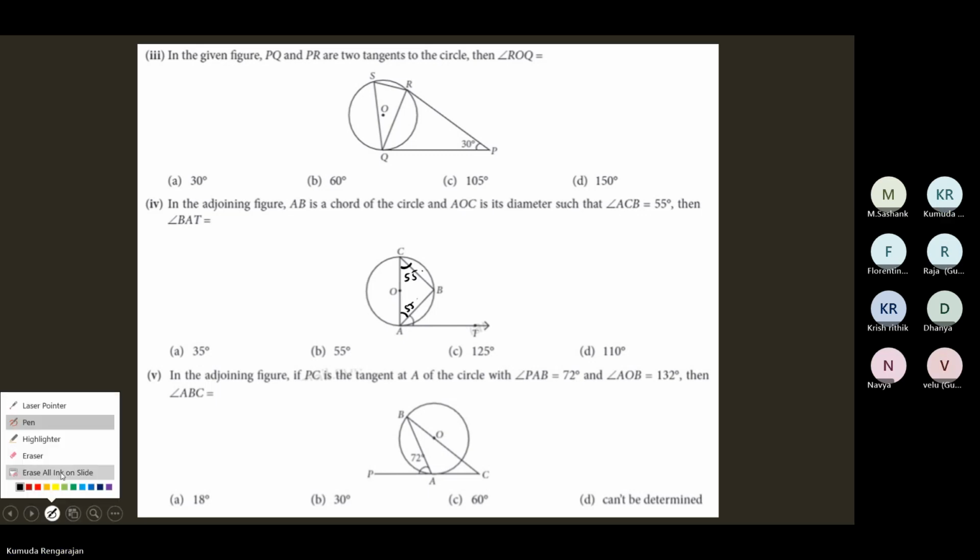So not to get confused, don't by mistake mark this also as 55. It is not. This is 55.